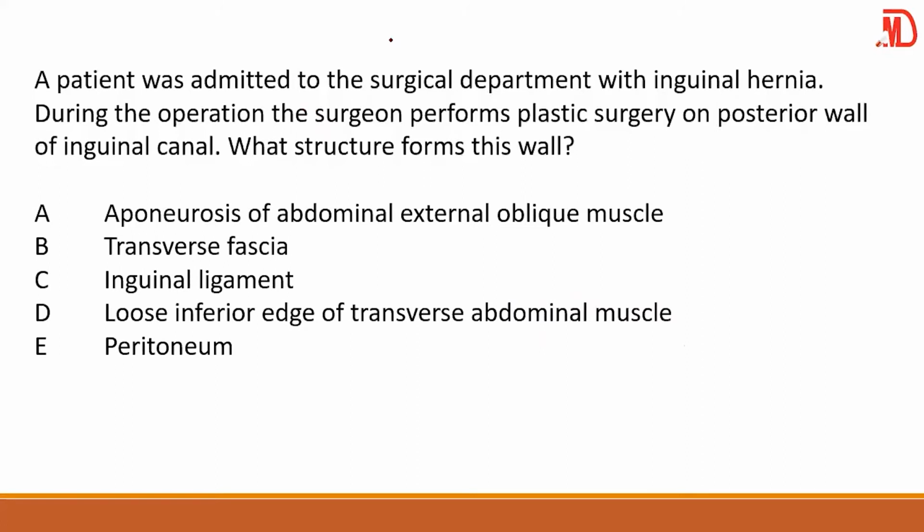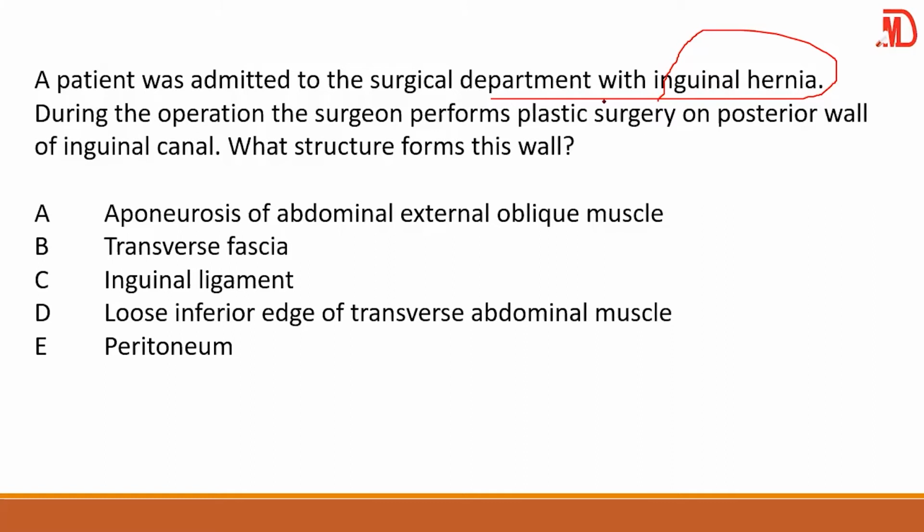A patient was admitted to the surgical department with inguinal hernia. Again, hernia is just a protrusion from the abdomen due to a weakened abdominal wall. So the content of the intestine begins to protrude.